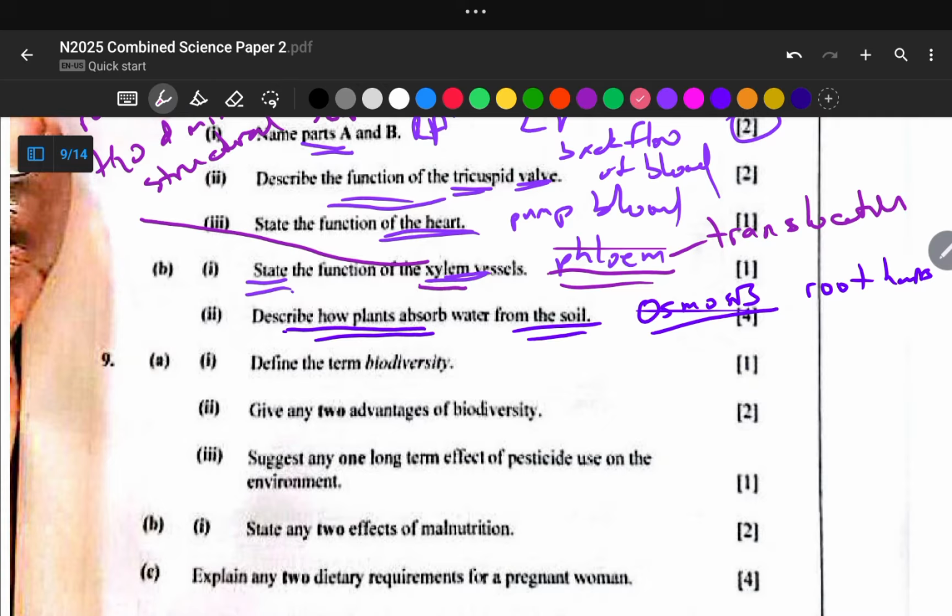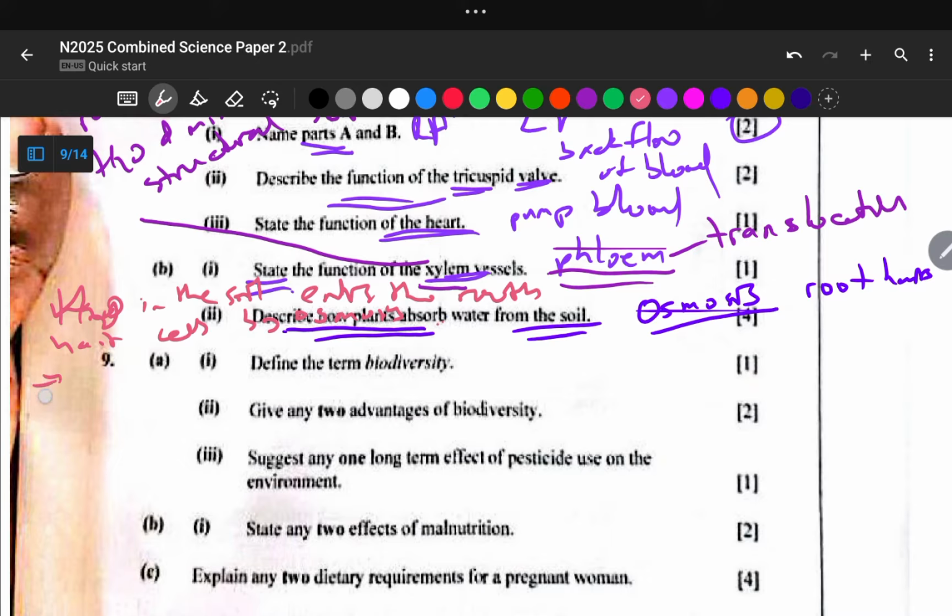So first we are going to say that water in the soil enters the root hair cell. By which process? By osmosis, right? So you want to define osmosis, but in such a way which will suit this question, right?